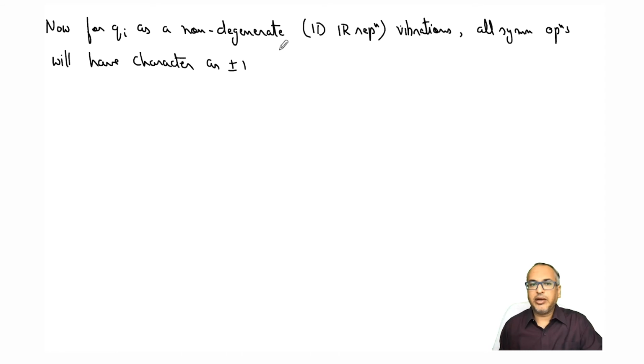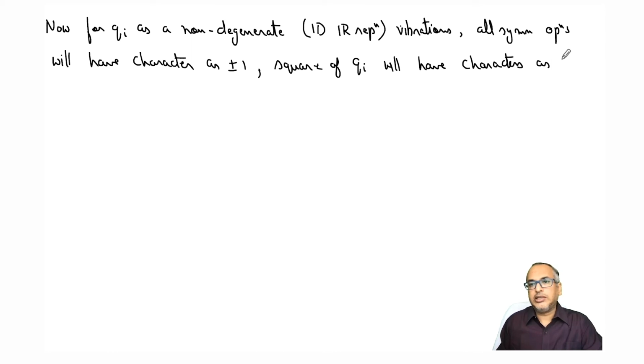In any 1D IR representation, the character is always plus minus 1, right? So if this is plus minus 1, then the square of qi will have characters as plus 1, only plus 1, not minus now, right? Only plus 1. So this is to remember, it's only plus 1.